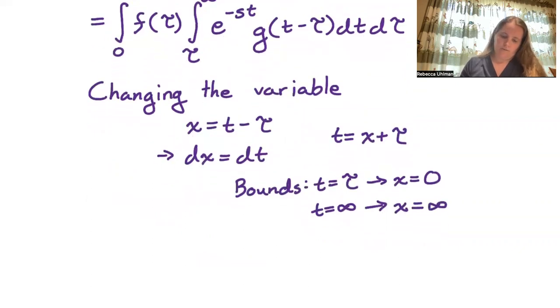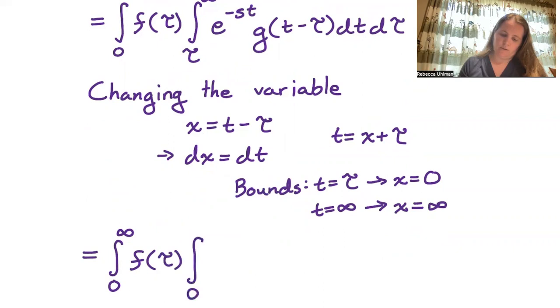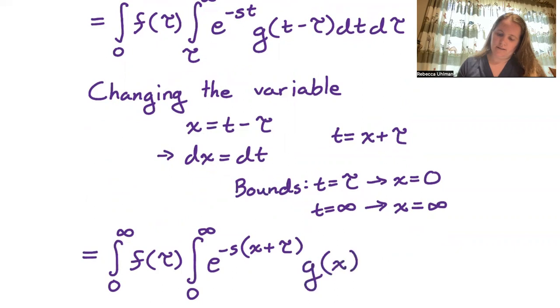So our new definite integral, we have the definite integral from 0 to infinity of f of tau times the definite integral from 0 to infinity of e to the negative s times t, which is now x plus tau, and then times g of x dx d tau.